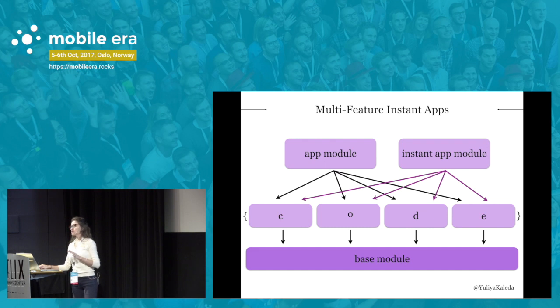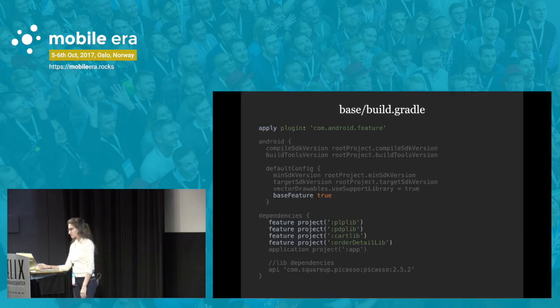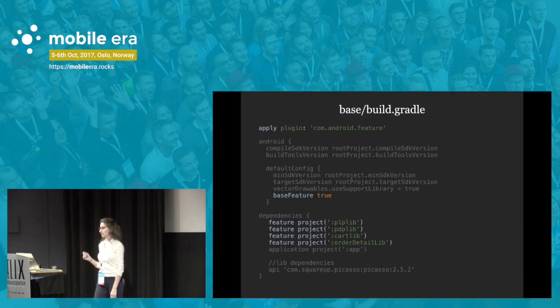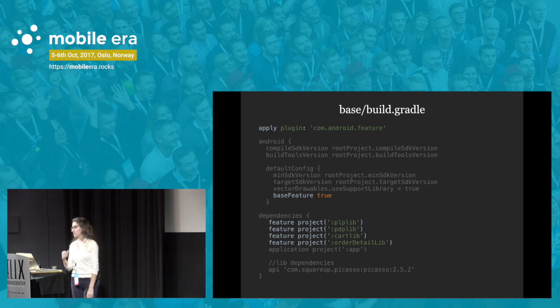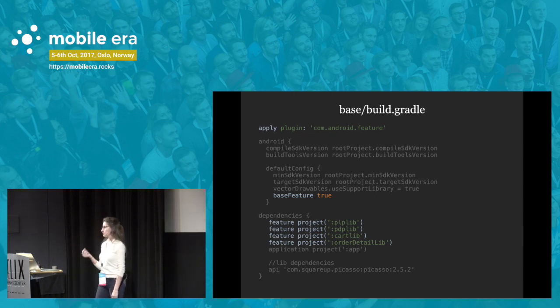So let's talk about build.gradle files and how we actually provide the dependencies between all of those modules. Let's look at the build.gradle file of the base module. The plugin is the same as in the single feature Instant App: com.android.feature. We have to set the same attribute, baseFeature, to true in the defaultConfig of the android closure. And this attribute serves the same purpose as it does in the single feature Instant App.